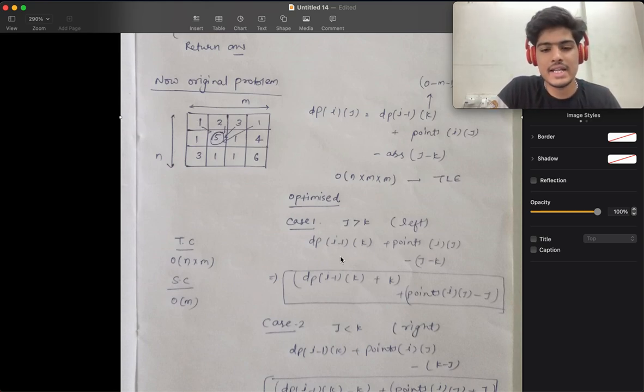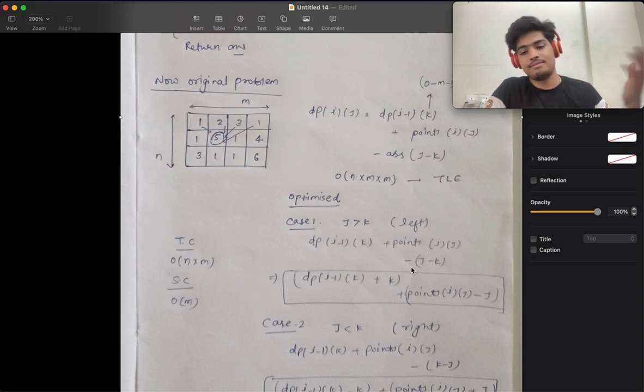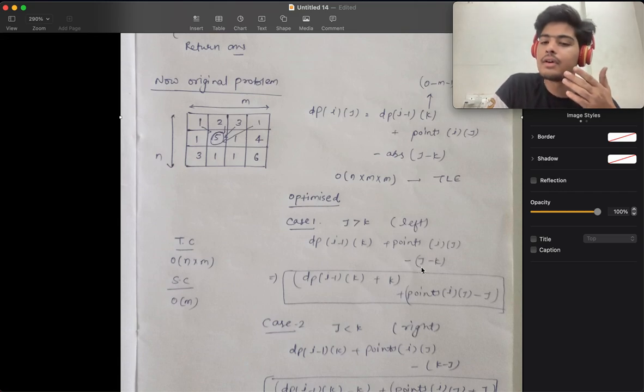So the condition will be dp of i minus 1 of k plus points of i comma j because I have to add the gain. Now I have to subtract the absolute difference also. So the absolute difference will be j minus k because j is greater than k. So minus of j minus k.